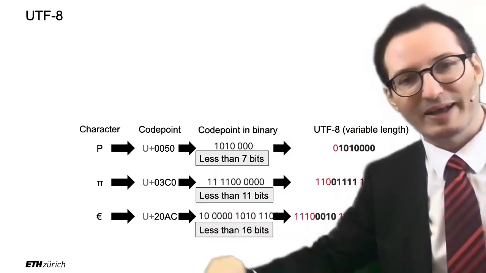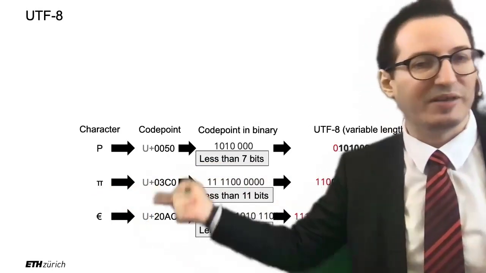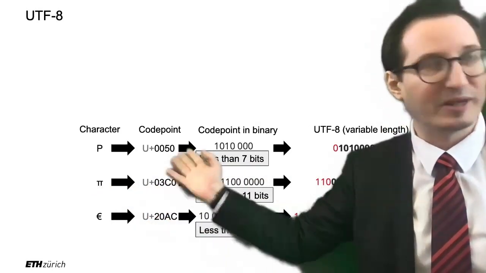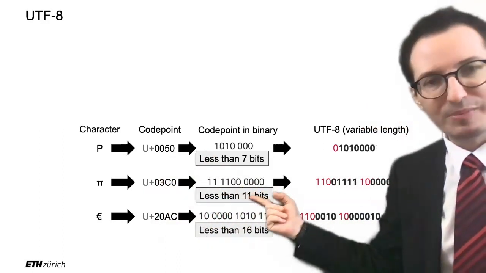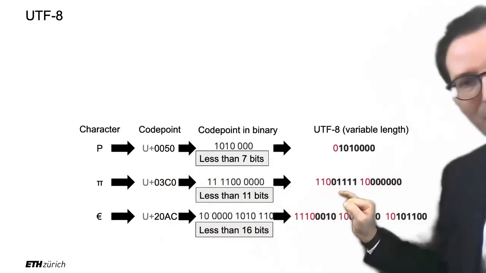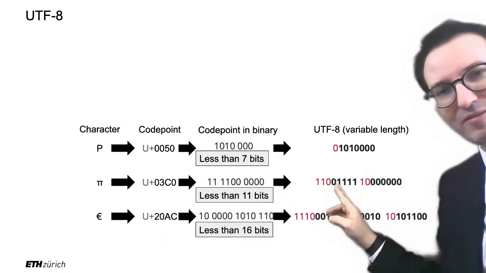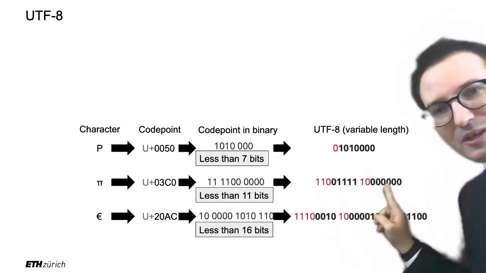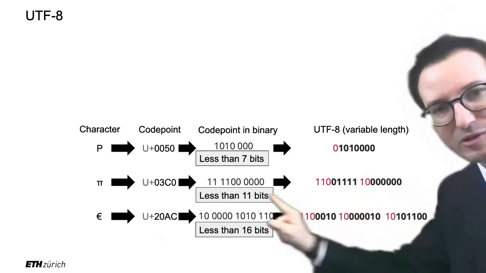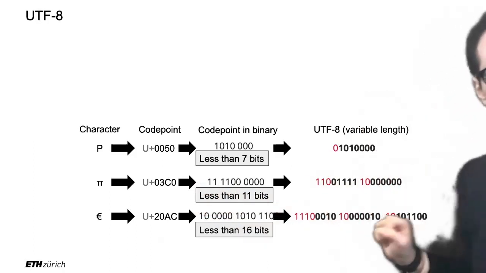Now, for the more complex code points, this is the letter pi, for example. The code point in base 16 would be 3C0, but it's really just a number. If it's up to 11 bits, so here it's actually 10, but it's at most 11, what you do is you put here, in black and bold, the actual bits of the code point, and in red, the additional metadata.